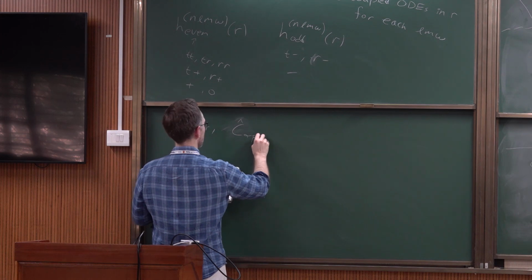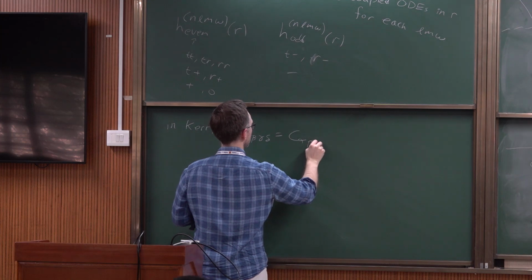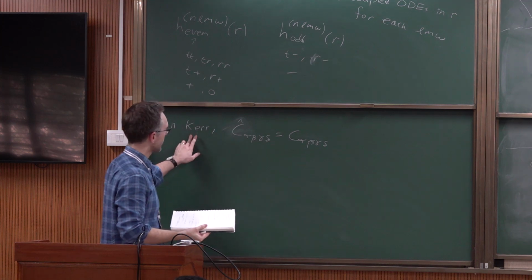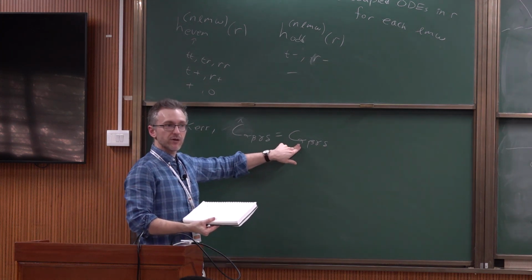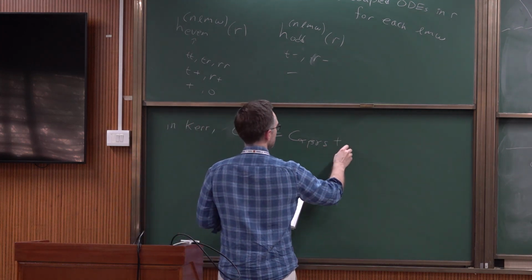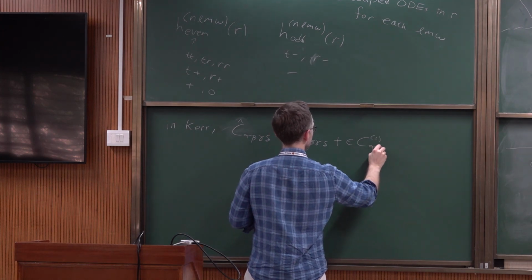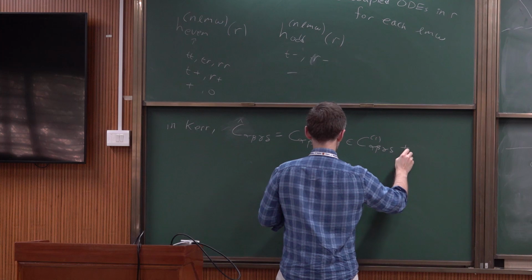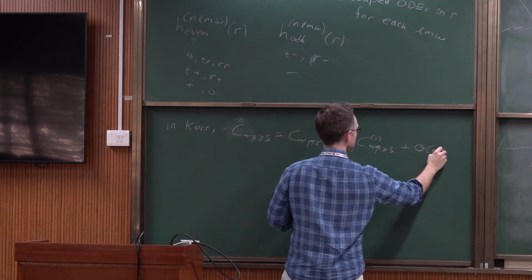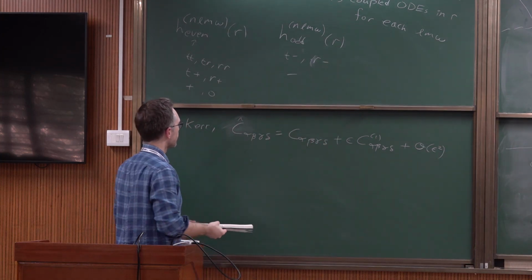So C hat alpha beta gamma delta is the background C alpha beta gamma delta. Remember, Kerr is a vacuum metric, so this background C is just the Riemann tensor of Kerr, plus order epsilon, C1 alpha beta gamma delta. And for this portion, let me just focus on linear order. You can extend everything to second order, but for Teukolsky, I'll just focus on linear order.